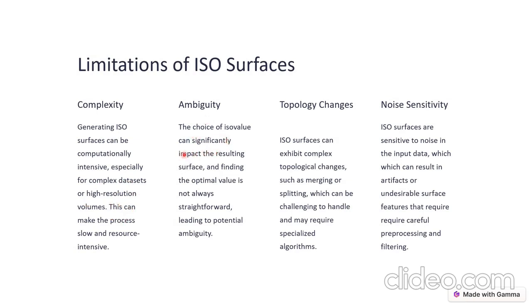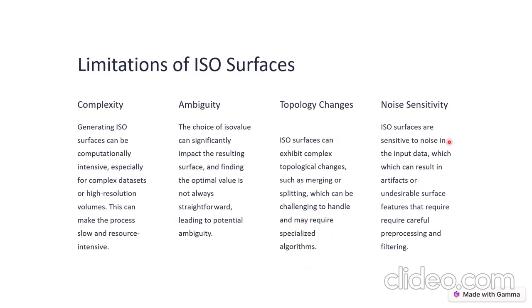The choice of ISO values can significantly impact the resulting surface, and finding the optimal value is not always straightforward, leading to potential ambiguity. Third is topology changes and noise sensitivity. ISO surfaces can exhibit complex topology changes such as merging and splitting, which can be challenging to handle and may require specialization.